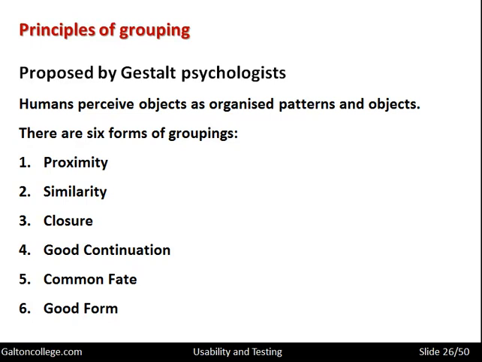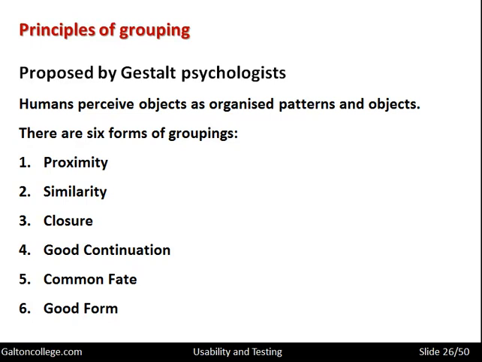The similarity, how similar are they. Closure, good continuation, common fate, and good form. So let's have a look at these and see what's meant. The principles of grouping mean that web designers can take these into account when designing their sites, and this will help to produce a more balanced and a more pleasing website.